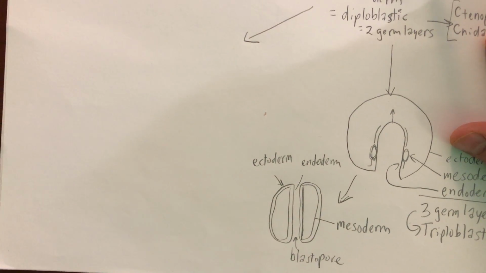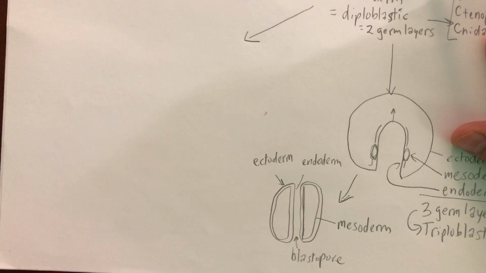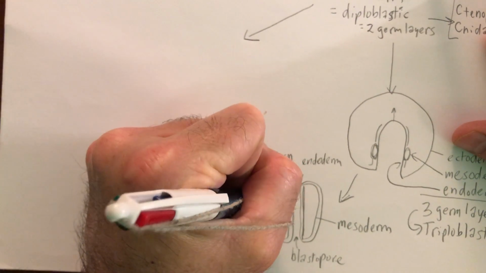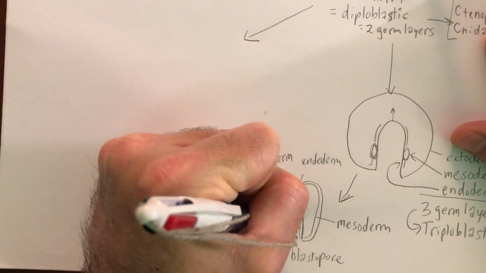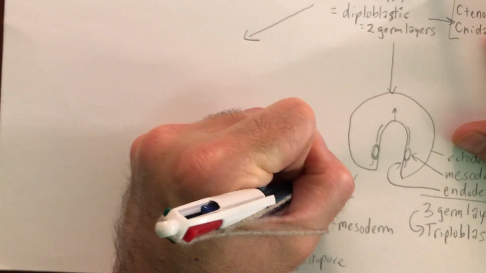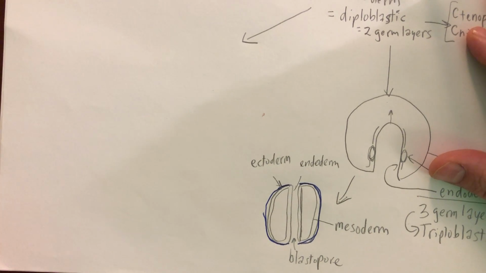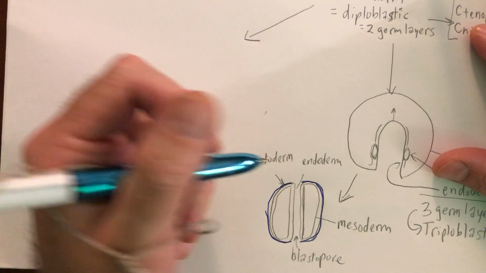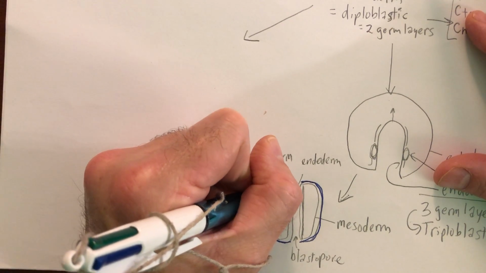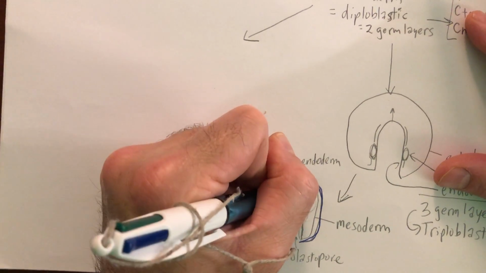Okay, so here's where I'm going to switch gears and use some color just to make things clear. Hopefully this will work. A lot of other textbooks always go with blue for ectoderm, and we'll go with red for mesoderm.